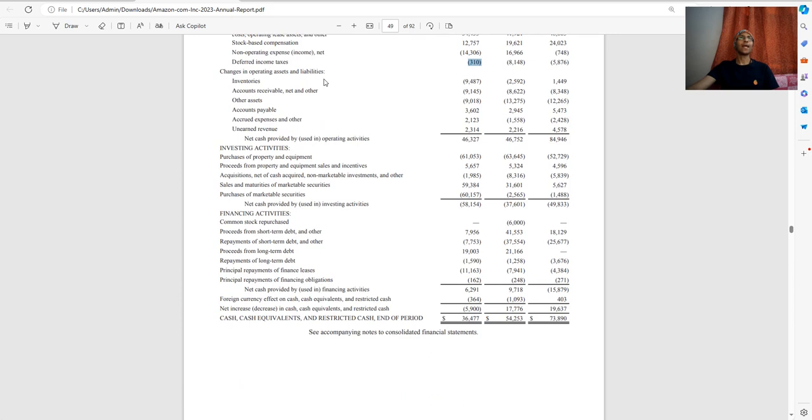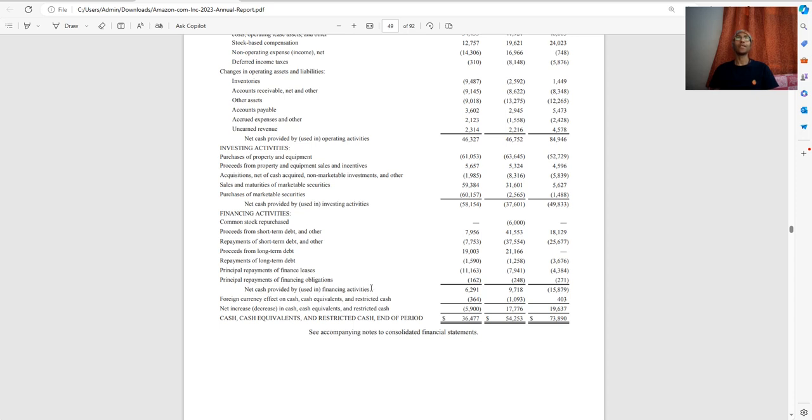Changes in assets and liabilities, operating assets and liabilities. Inventory. There has been an increase in inventory, which means cash has flown out, so that is subtracted. Receivables has also increased, which means cash has not come back, so this is subtracted. Accounts payable is positive here. See, accounts payable has increased means cash outflow has been reduced, so that means there is cash.